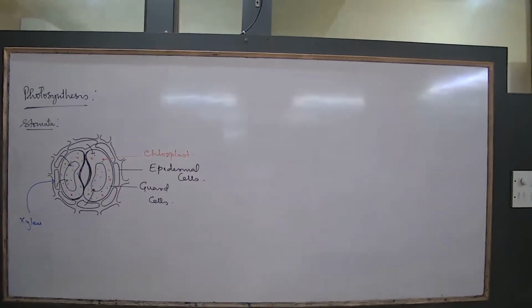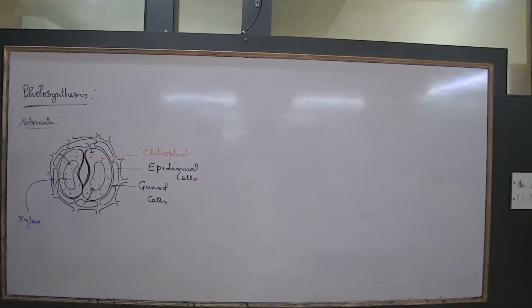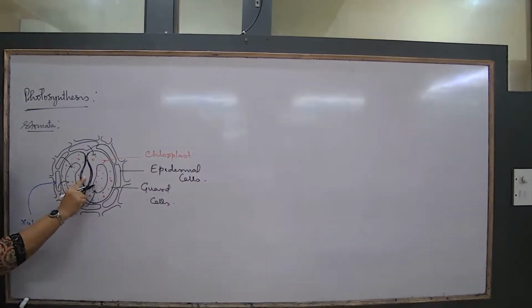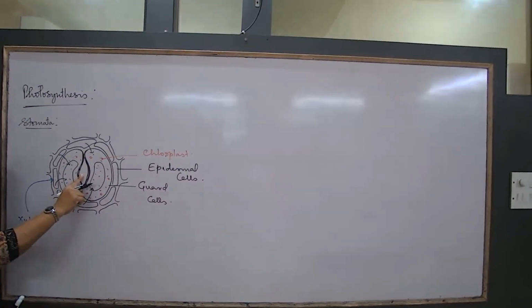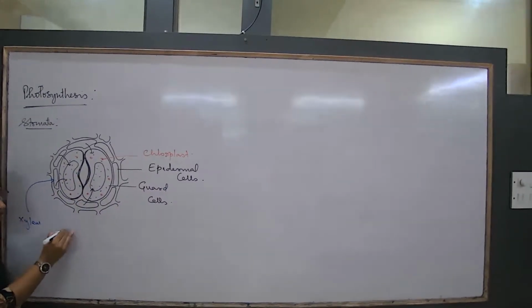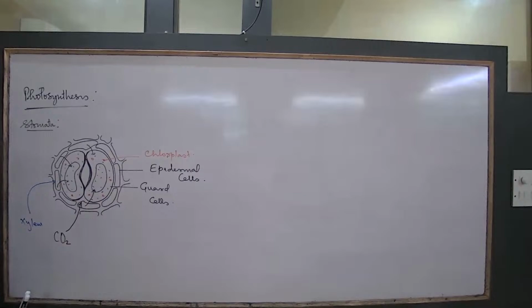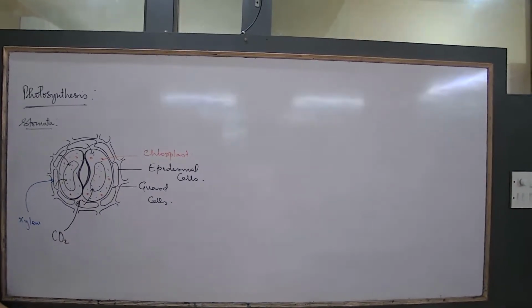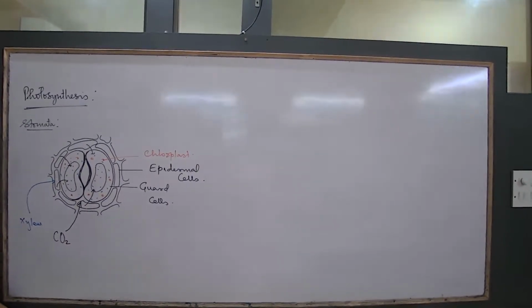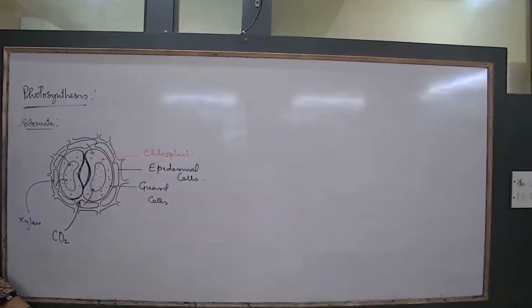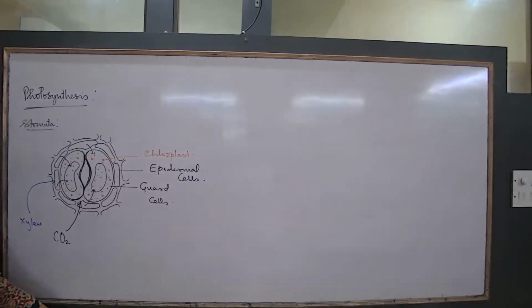As soon as the guard cells become tight, they also start getting curved, and then the space between the guard cells becomes wide open, and if it is wide open, this allows the inward diffusion of carbon dioxide also. What is this condition known as? Open stomata. Open stomata.